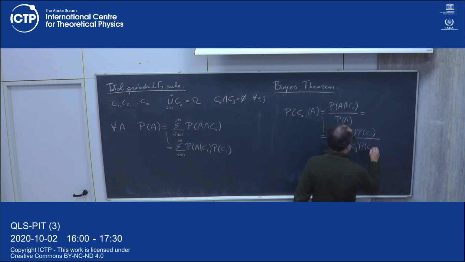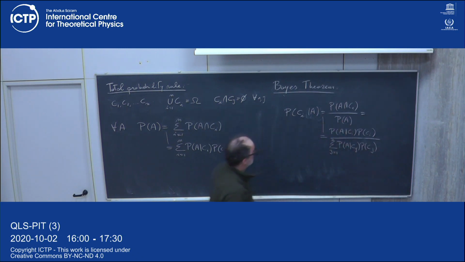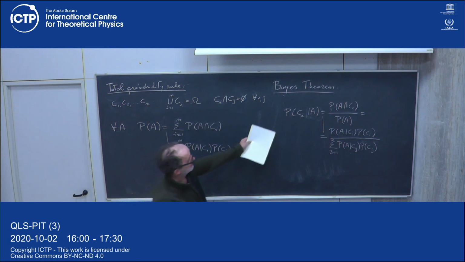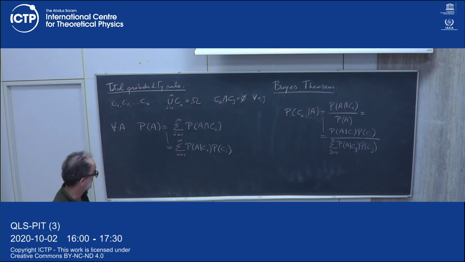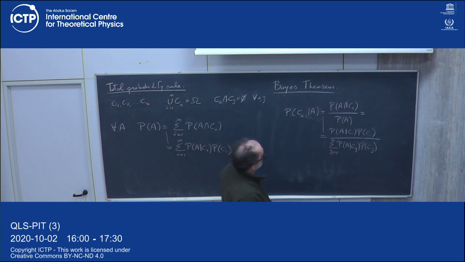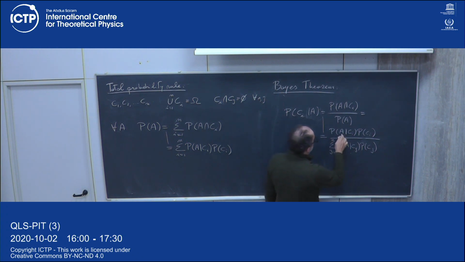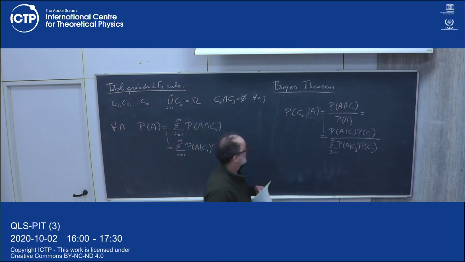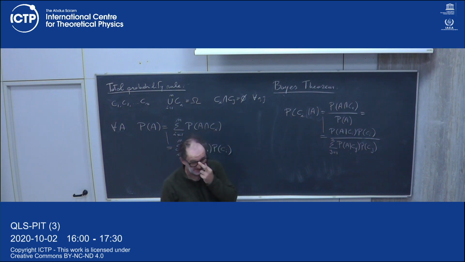So this statement is called Bayes' theorem. And so you see that you can compute the probability of causes given a certain event in terms of the probability of the event given the causes. And this is the basis of statistical inference.